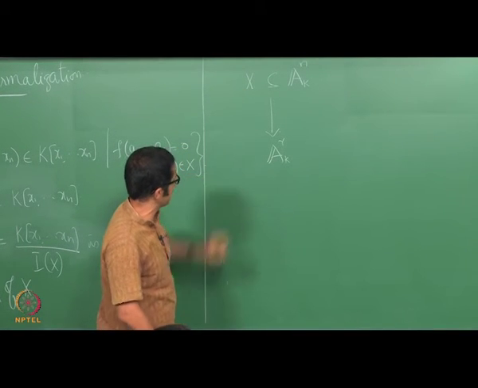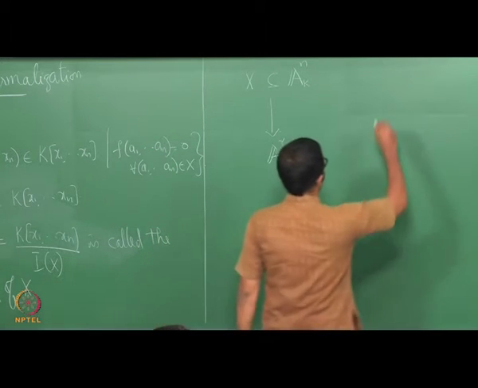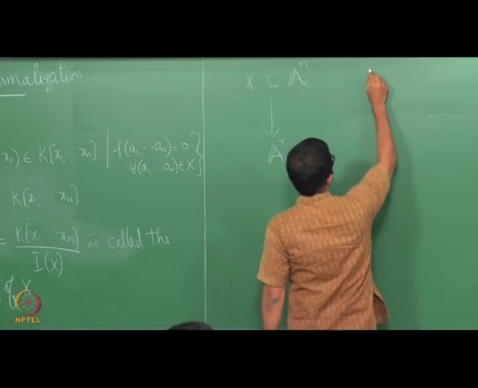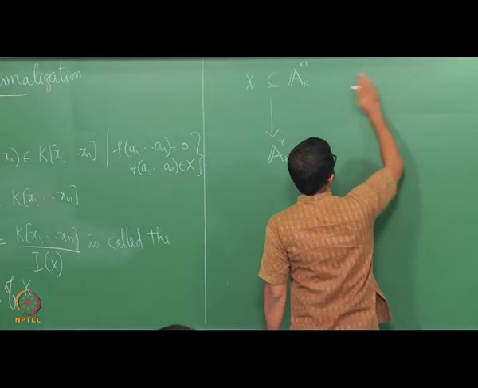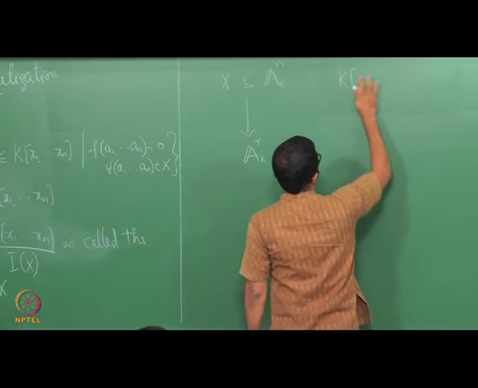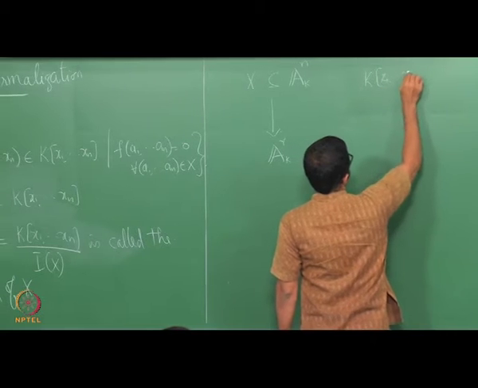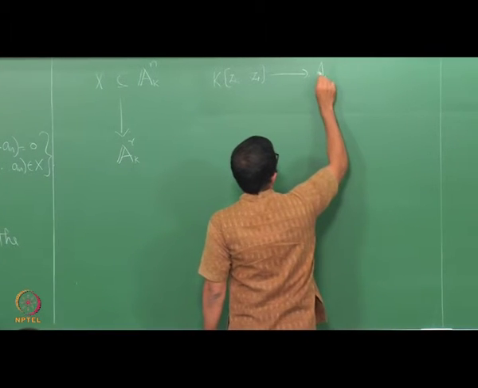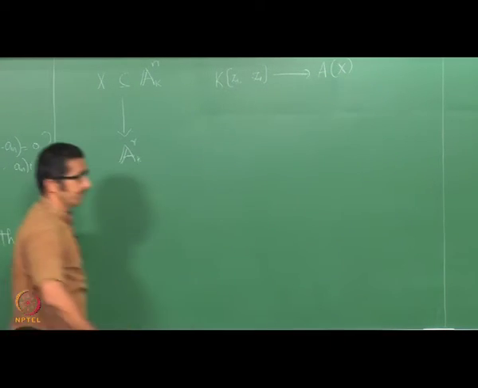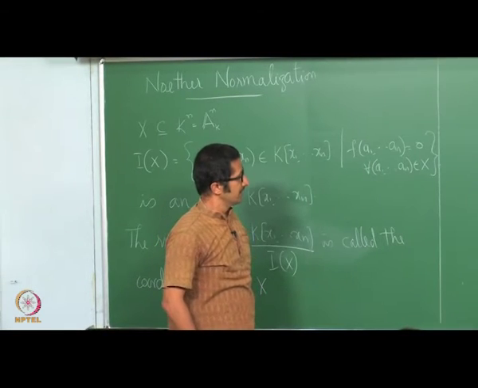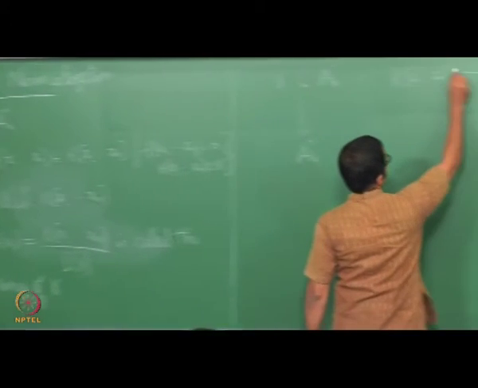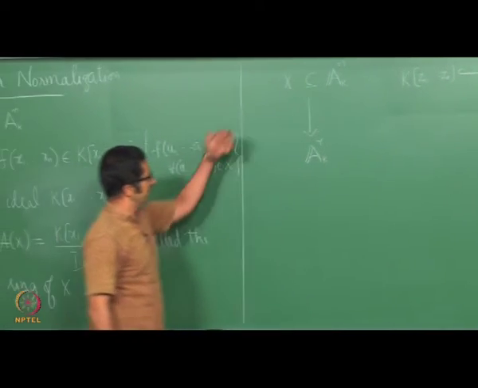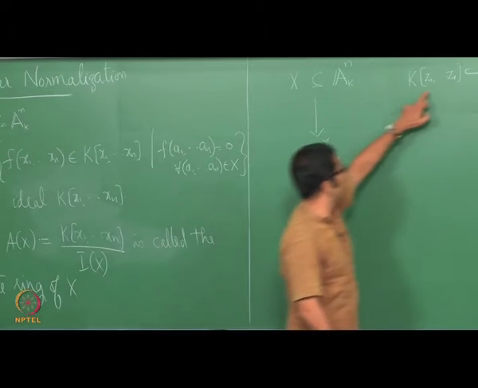Suppose I have a surjective map like this, then I have an injection from K[Z1, ..., Zr] to the coordinate ring A(X). So, this is an injective map. If I have a projection like this, then I have a map like this.